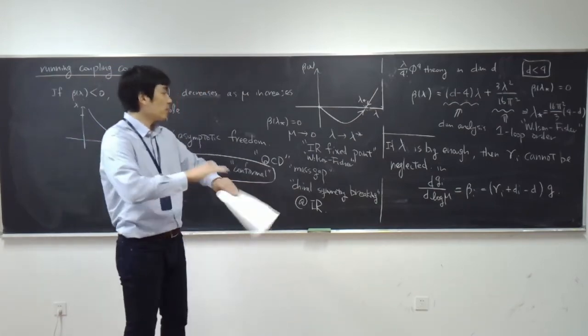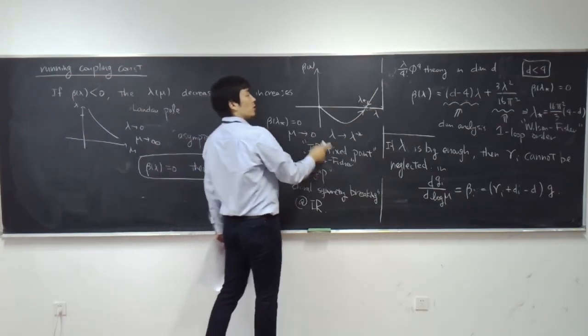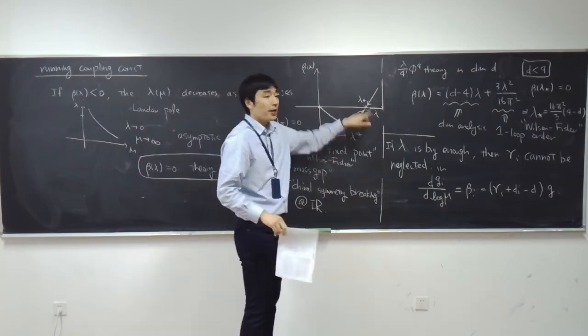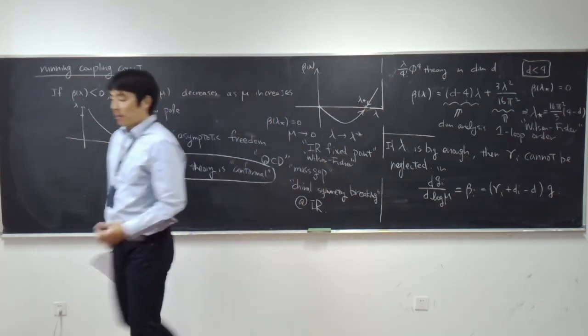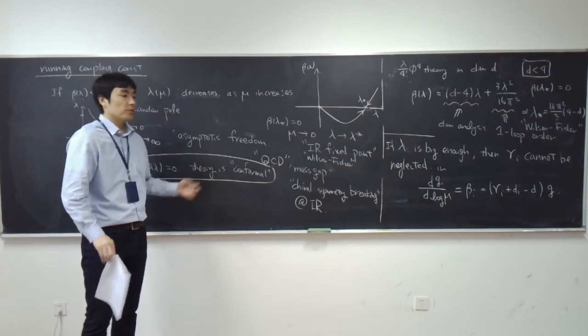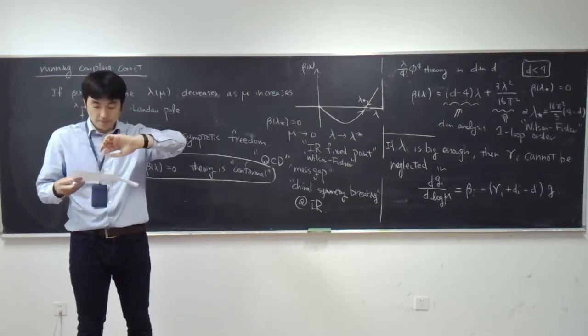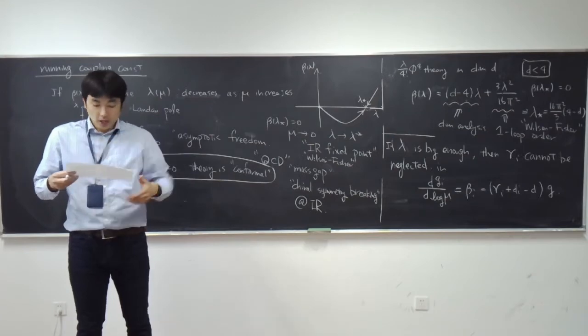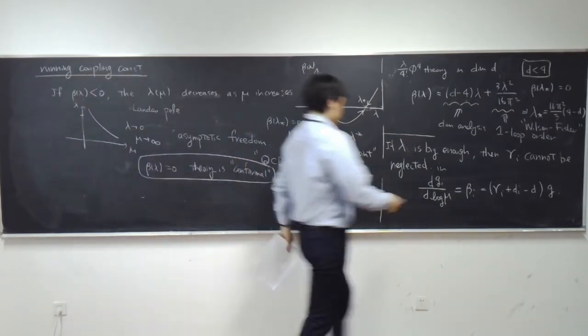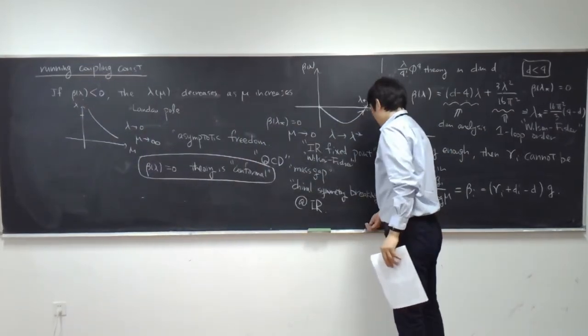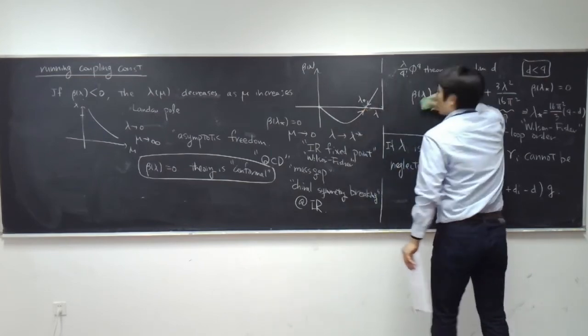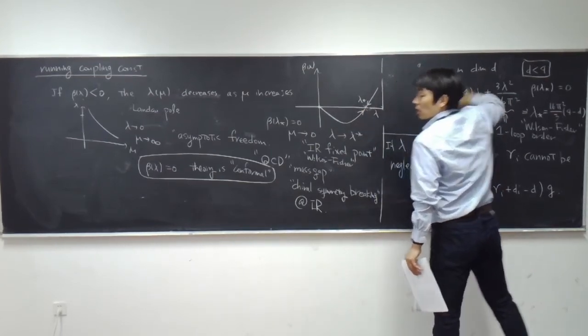The space of QFT is parameterized with these coupling constants, but at some particular point the beta function vanishes and the theory becomes conformal. Okay, so I think I explained the behavior of the coupling constant and so on.